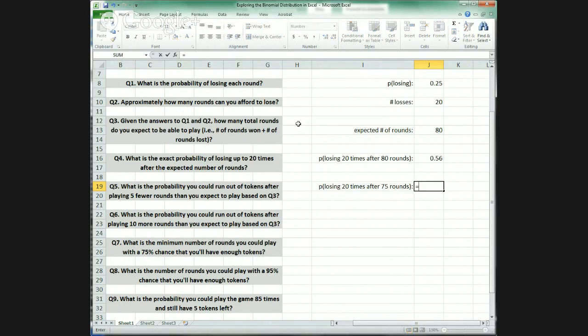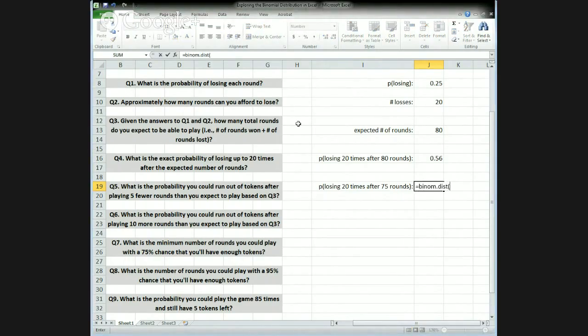So this is going to be equals binom.dist. The number is going to be 20. The trials is going to be 75. The probability still remains 0.25. And now here, because we're asking the exact probability of running out of tokens, which means we lose exactly 20 tokens.